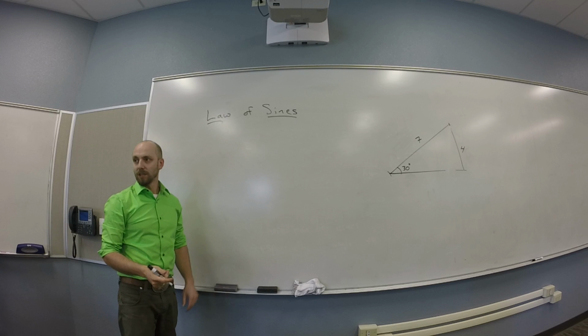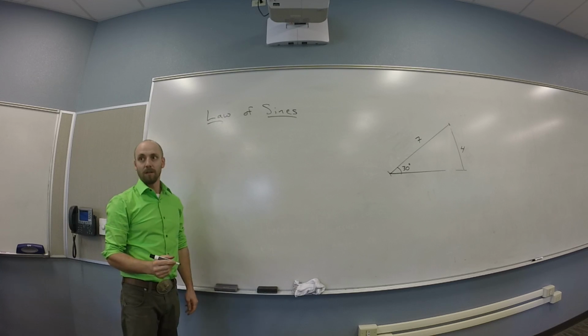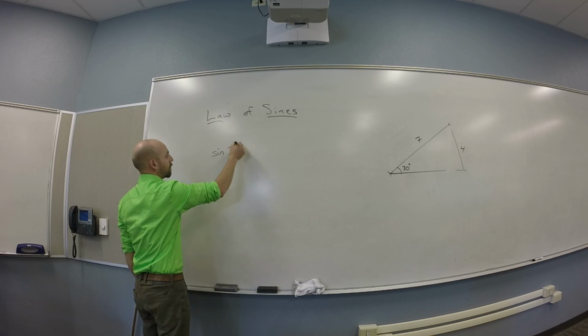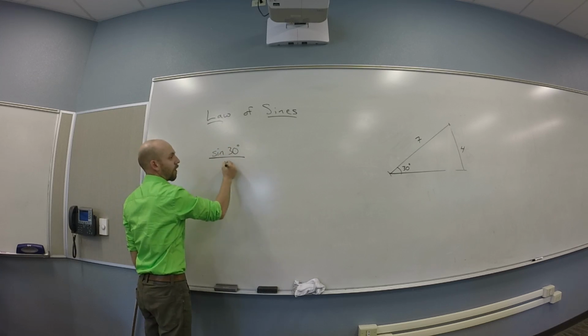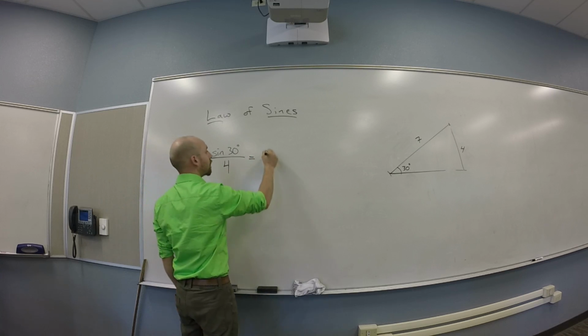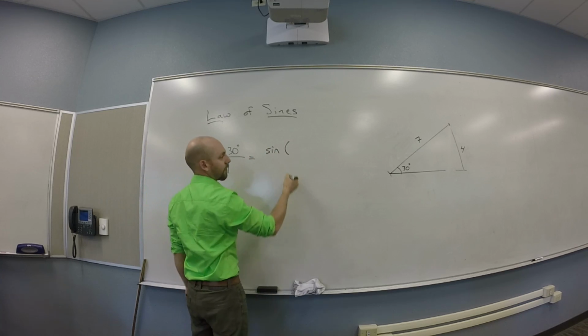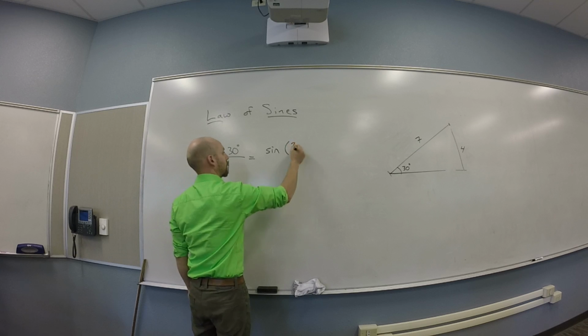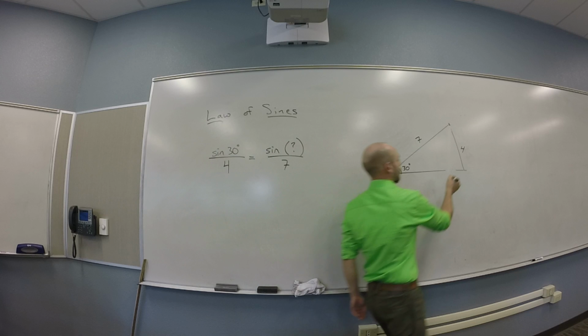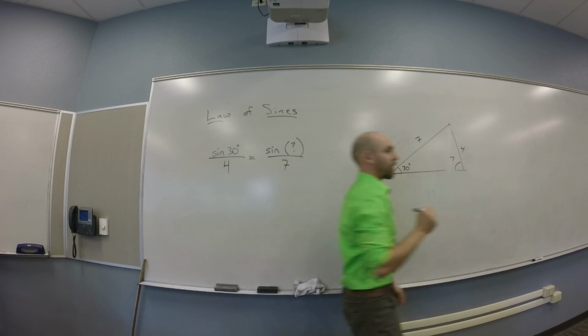So what does the law of sines tell me? It says sine of 30 degrees over 4 equals sine of question mark over 7. I'm calling that angle there a question mark.